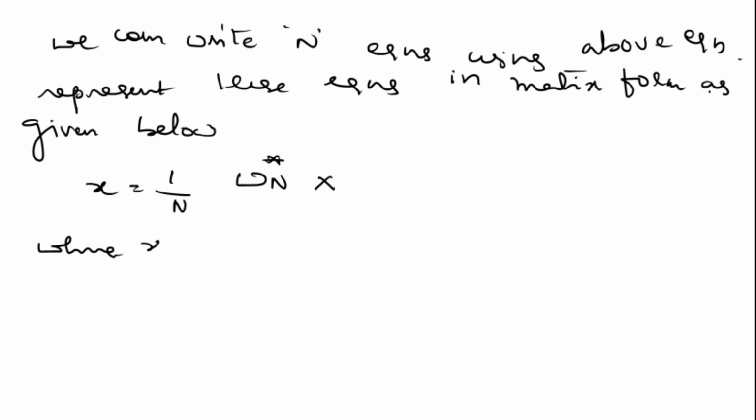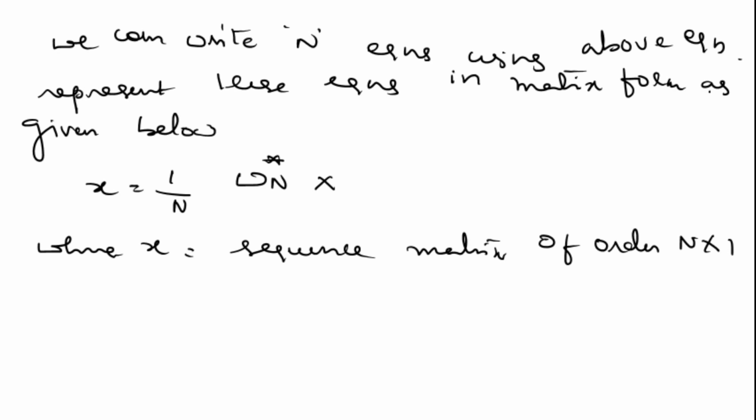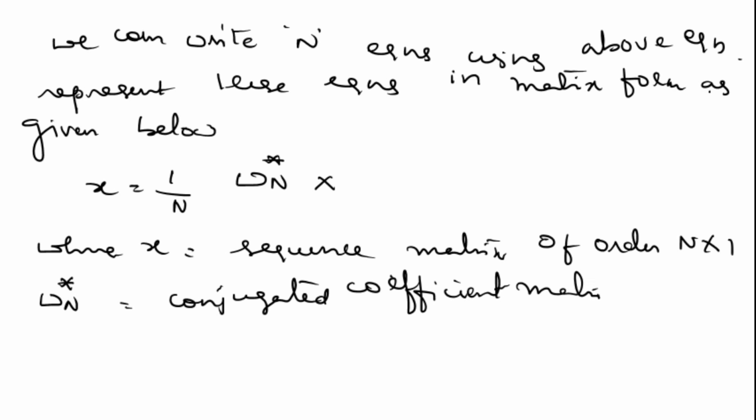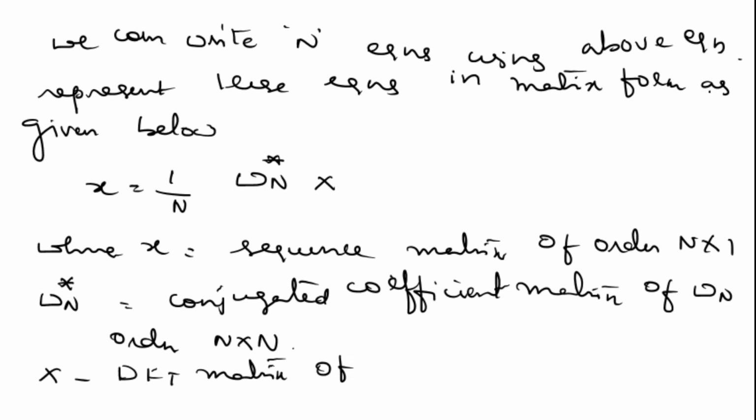where small x is the sequence matrix of order N cross 1, W_N star is the conjugated coefficient matrix of W_N of order N cross N, capital X is the DFT matrix of order N cross 1, and 1 by N is the scalar multiplication.